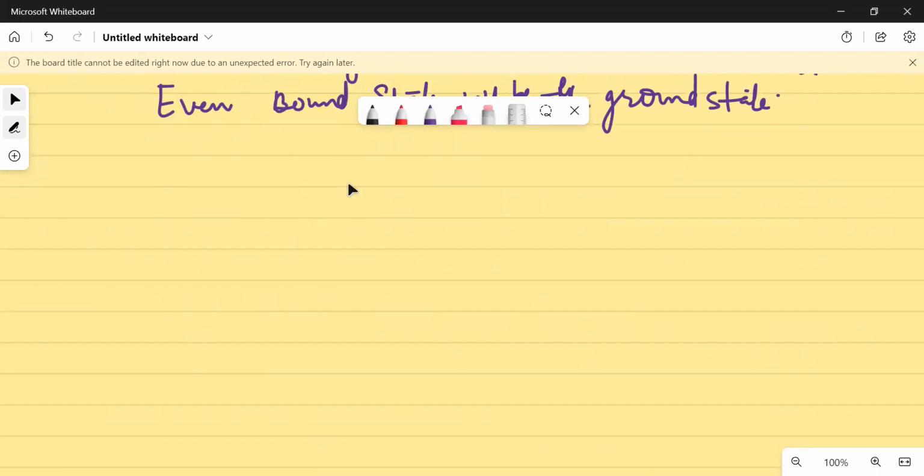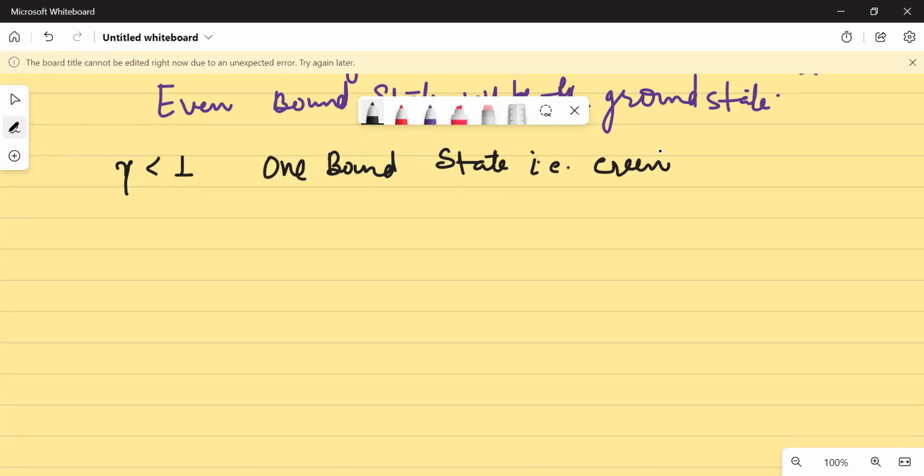So we can also summarize our result in this fashion: if my gamma is less than 1, then we are clear that there will be no odd bound state. There will be only one bound state, and that is even. Is that clear?